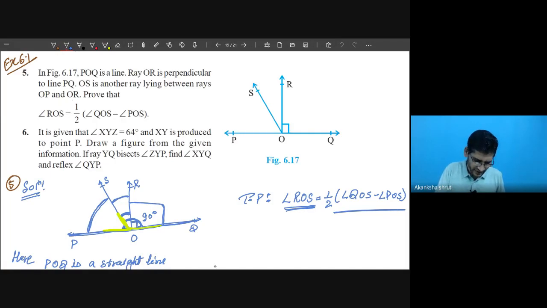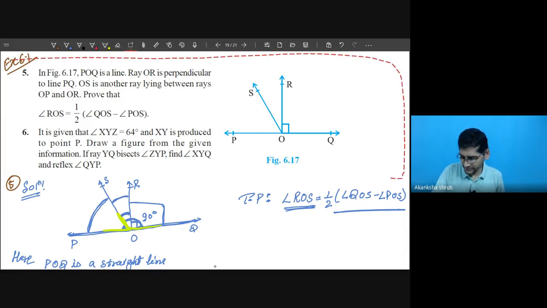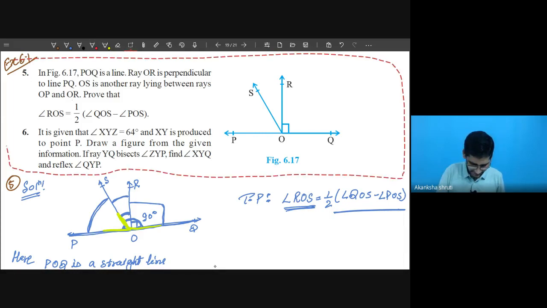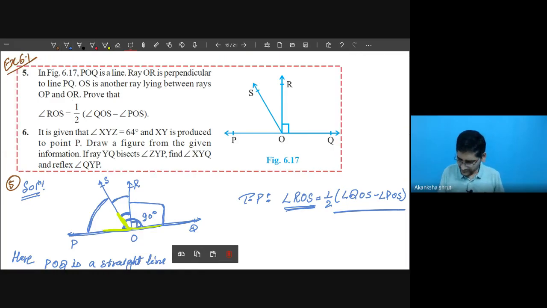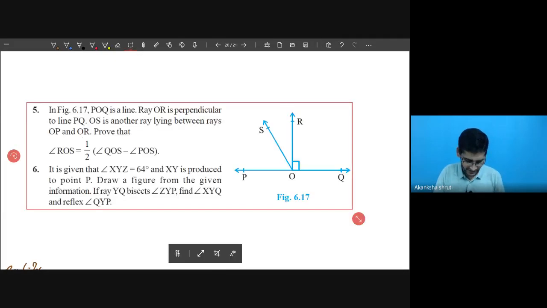So students, for this question number 6, we have to first draw the figure itself. The figure is also not given, so first we need to draw it. Let me paste it in another page so that I can draw the figure.